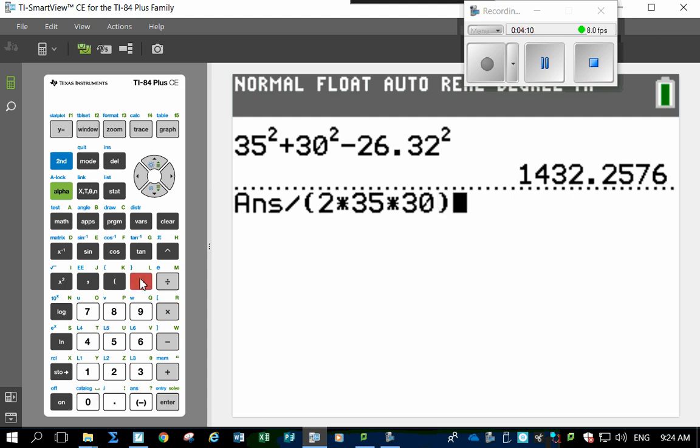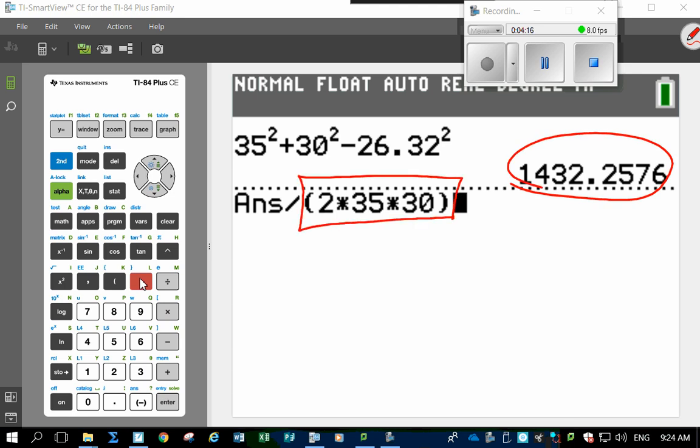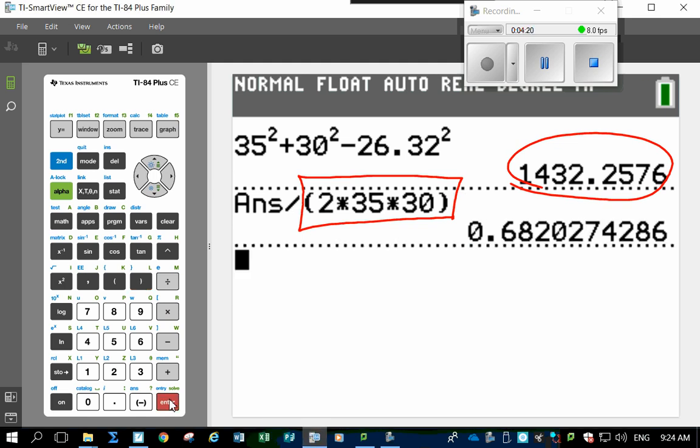That means this whole answer here is going to be divided by that whole thing in the bottom. That's one of the reasons why we put brackets around it. So let's press enter here. Now that is 0.682. And you remember, that's what your cosine equals. The cosine of theta equals this number. So obviously, this is that last step that you have to remember to do.